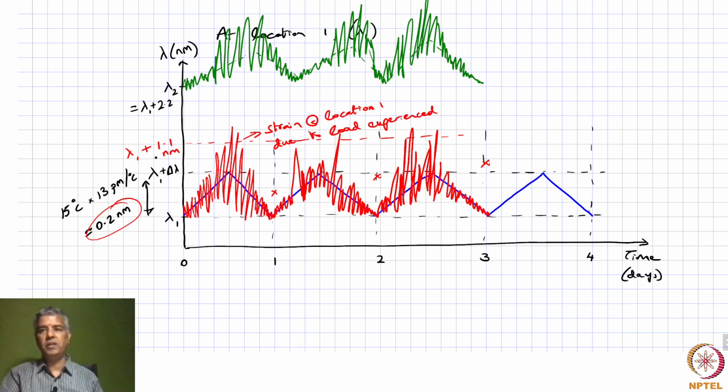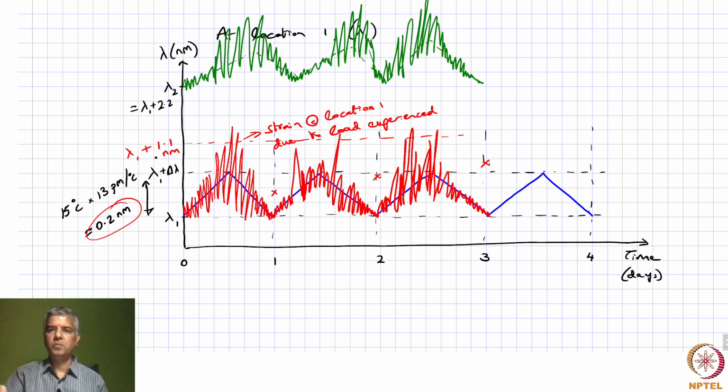The spacing between the different Bragg gratings in terms of the spectrum is actually more accounting for that change in temperature as well.